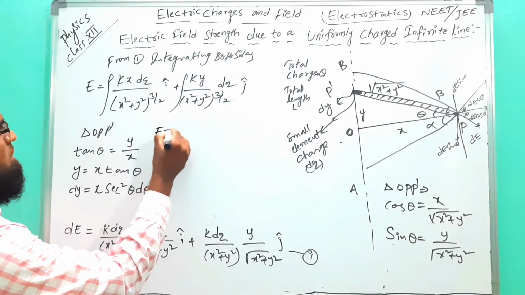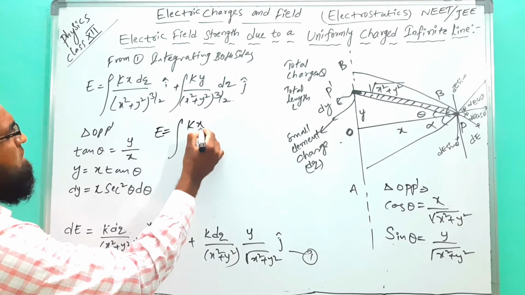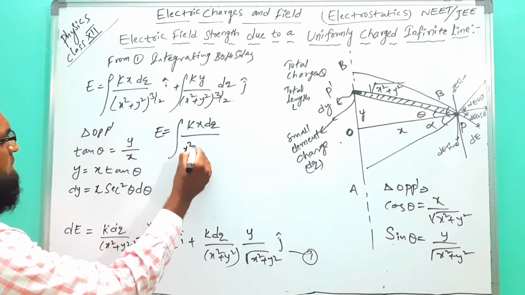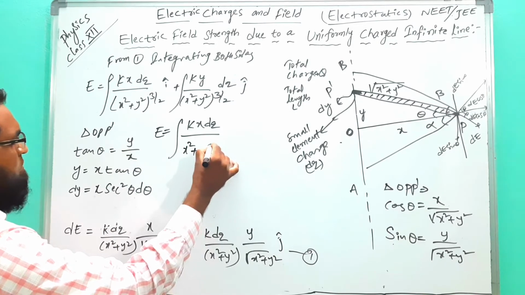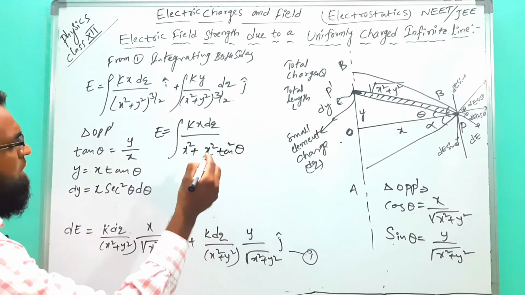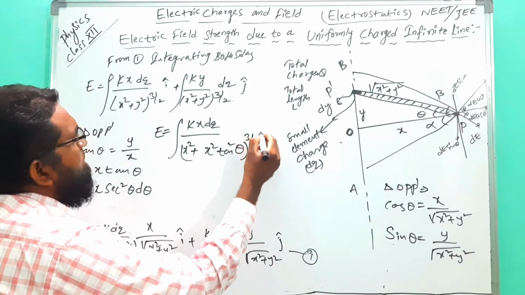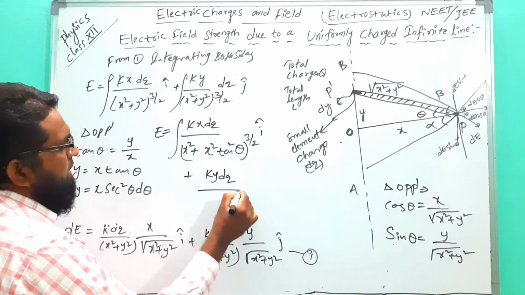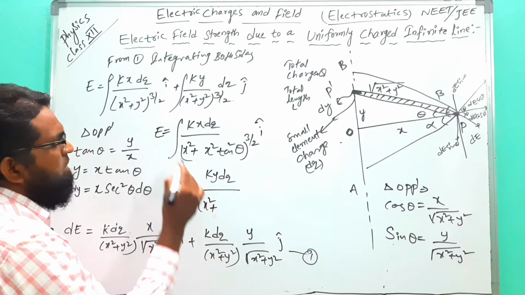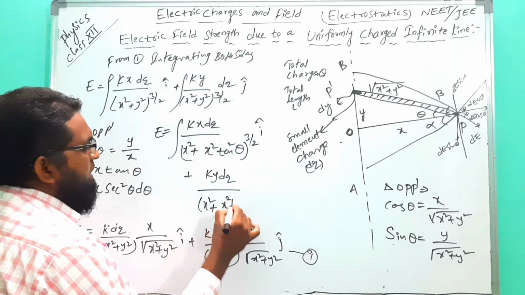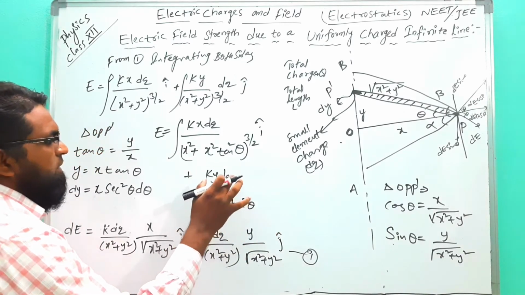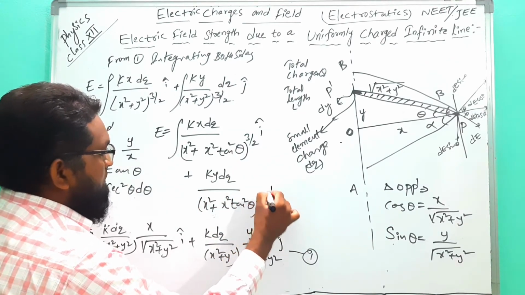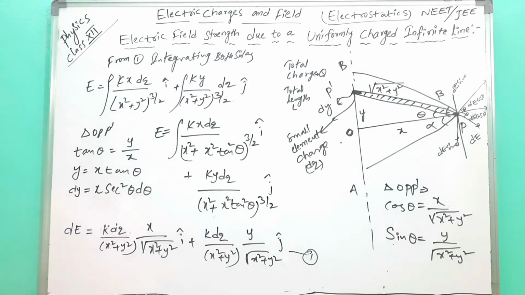So E = kx dq by (x² + y²), with y = x tan θ, so (x² + x² tan² θ) whole power 3/2 i cap, plus k y dq by (x² + x² tan² θ) whole power 3/2 j cap. It's coming as a very lengthy equation, so no problem.